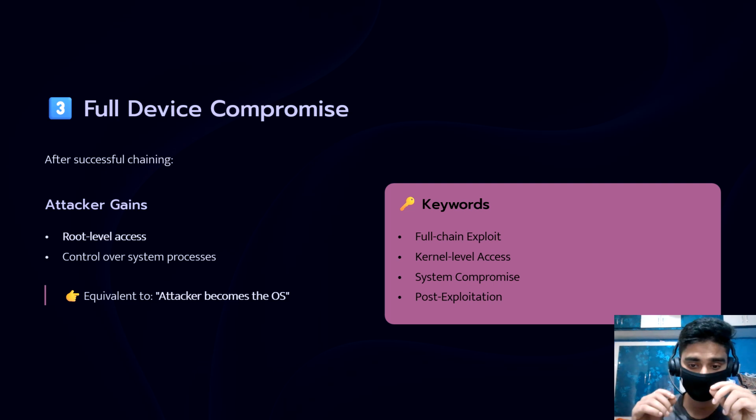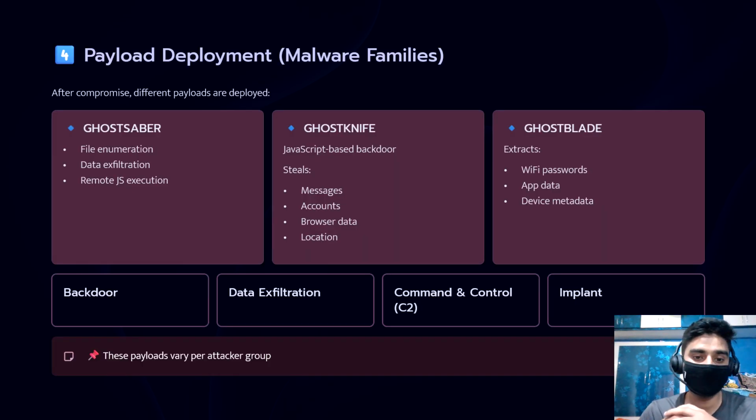The keywords you have to understand are: full chain exploit, kernel-level access, system compromise, and post-exploitation, the major keywords of this slide, to understand getting full-level access. Then comes payload deployment, which is the malware family.